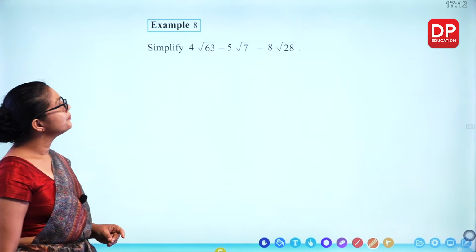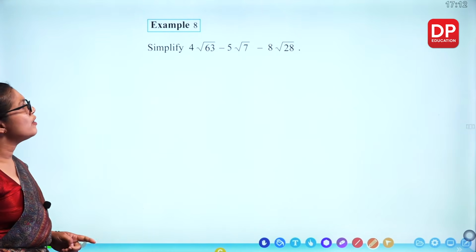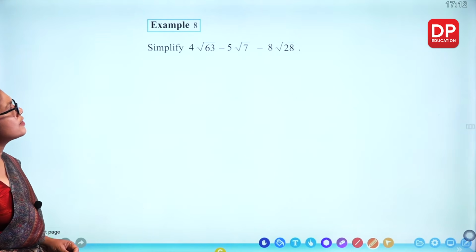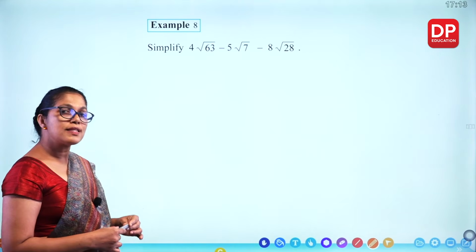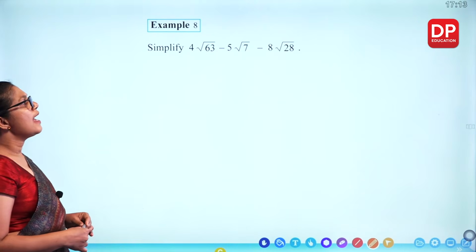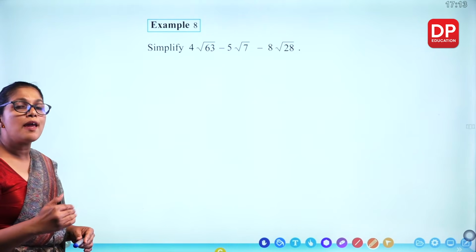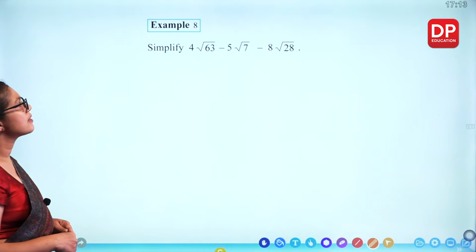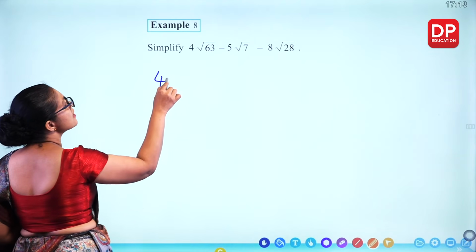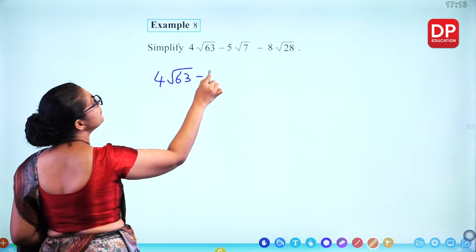Example 8. You are asked to simplify. Look at the surd values carefully. You get big numbers. So first thing you need to simplify inside and get the same surd form, and then you can add or subtract. So we'll first simplify inside.